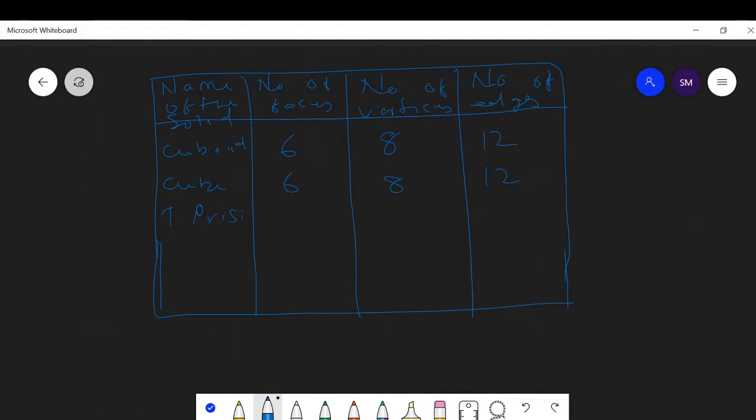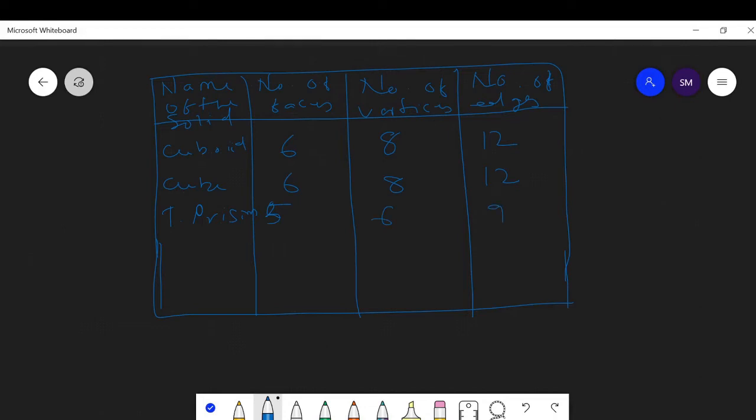The basic difference between prism and pyramid is that the prism has a plane base face whereas the pyramid has a vertex. The triangular prism has 2 triangular faces and 3 rectangular faces, which means a total of 5 faces, 6 vertices and 9 edges.